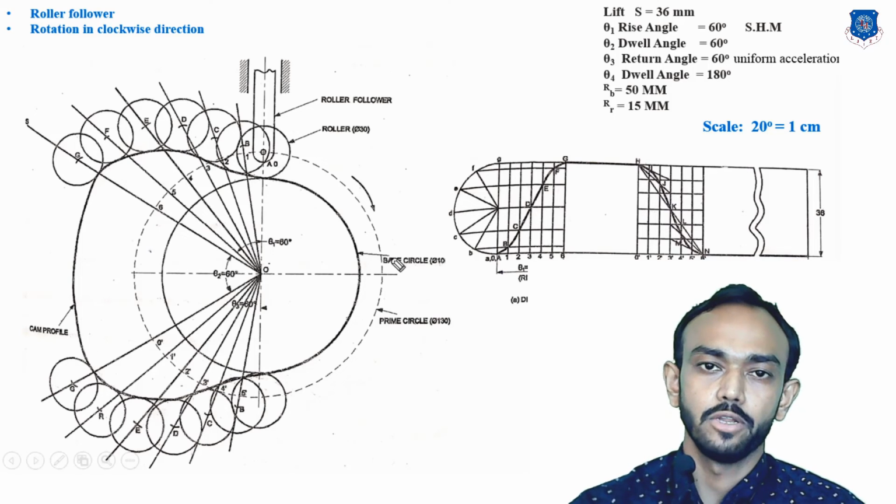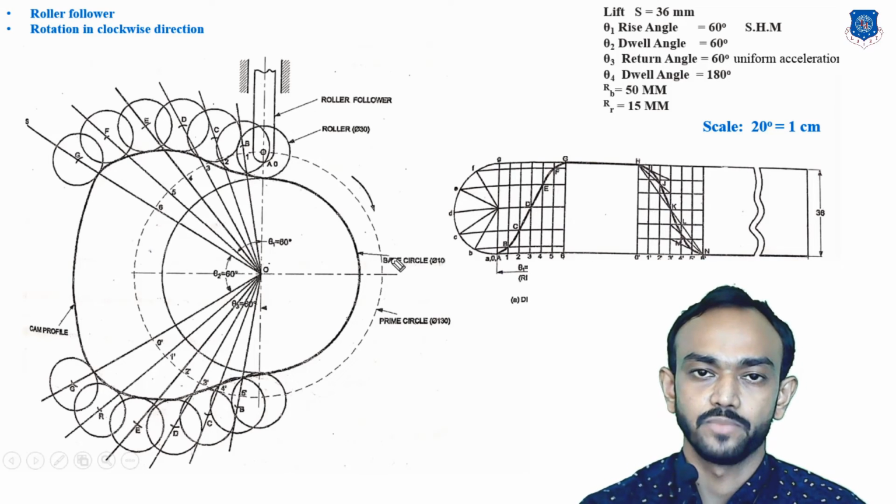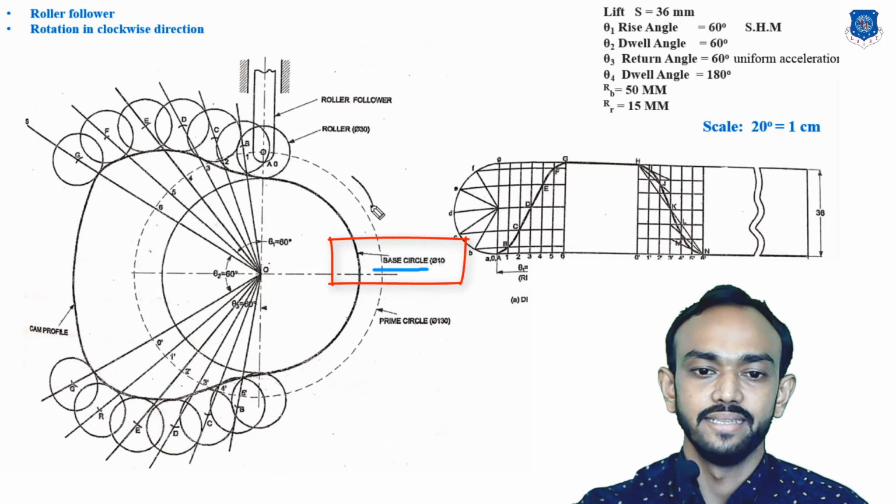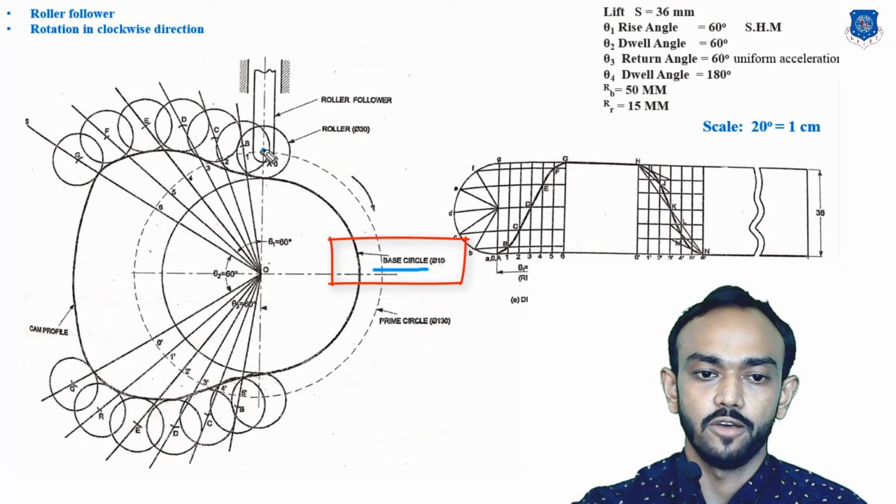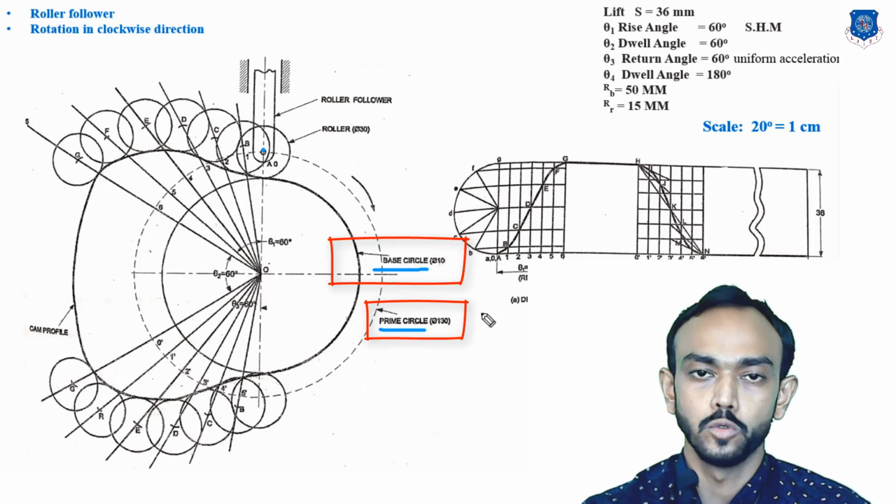So whenever you draw the roller follower, remember that there will be two circles. First is the base circle, and then from the center of the roller there will be the prime circle. So in knife edge only the base circle is there. In roller follower two circles are there, base circle and prime circle.